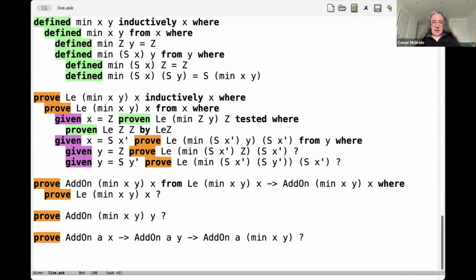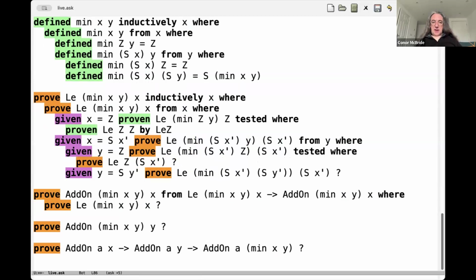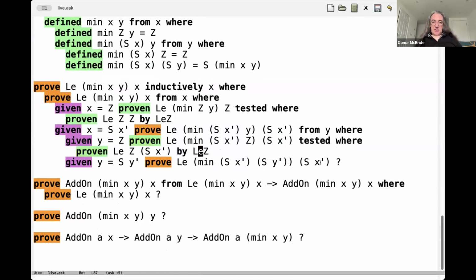Okay. Now here I'm going to say test. And now the minimum was 0, and the other number was something else. So I can say by, again, that 0 is less than or equal to anything.